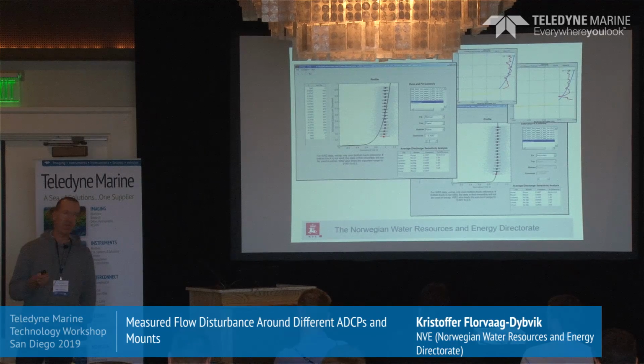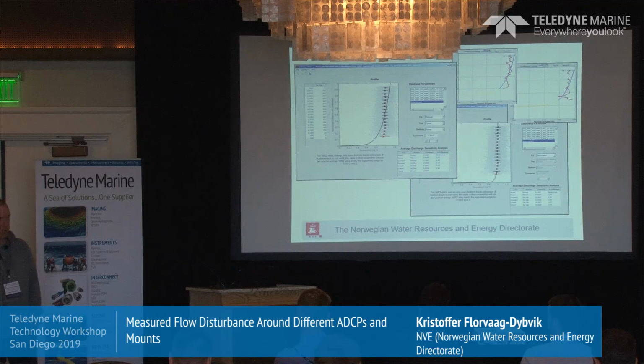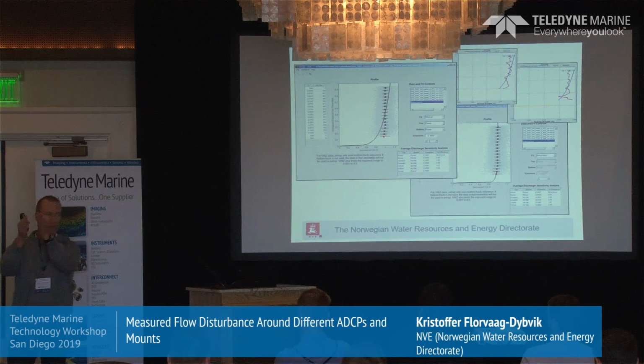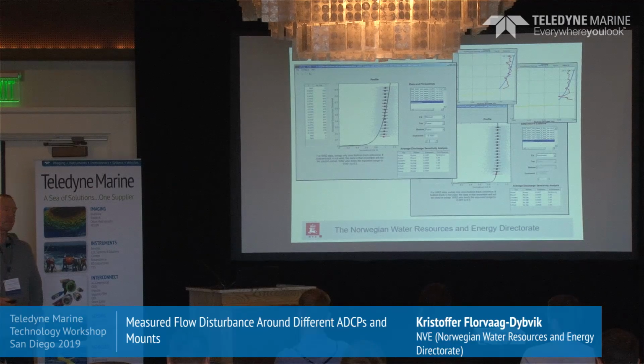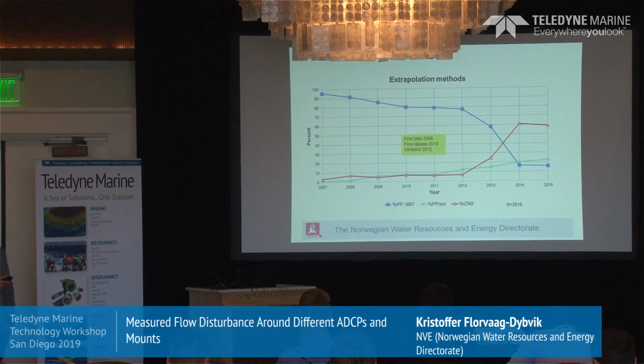And if the shape of the velocity profile is the same all across the river, those dots will fit nicely into a curve showing the velocity distribution in the vertical for the entire river. So this made it a lot easier for us to trust that we could change the default extrapolation values in WinRiver. And we got this.